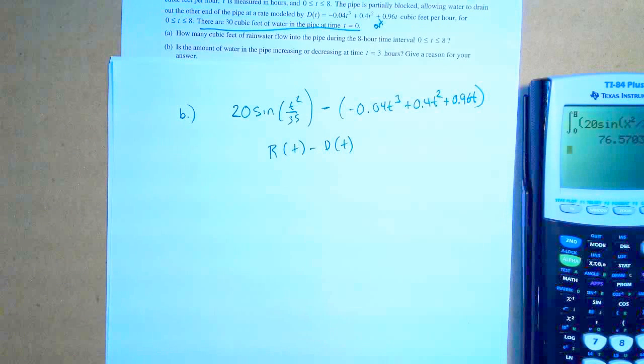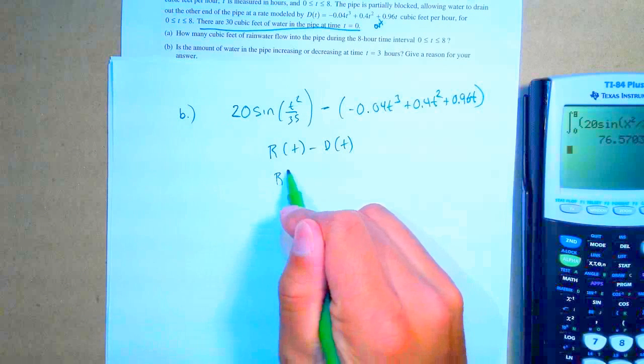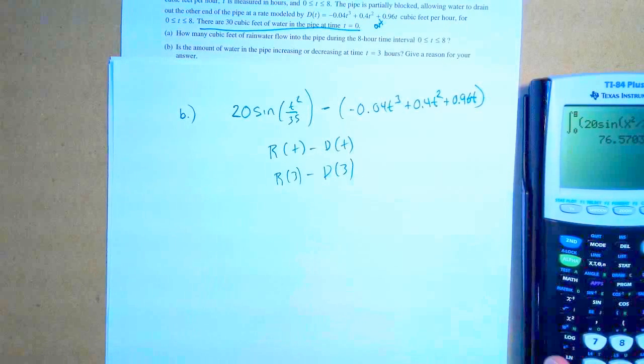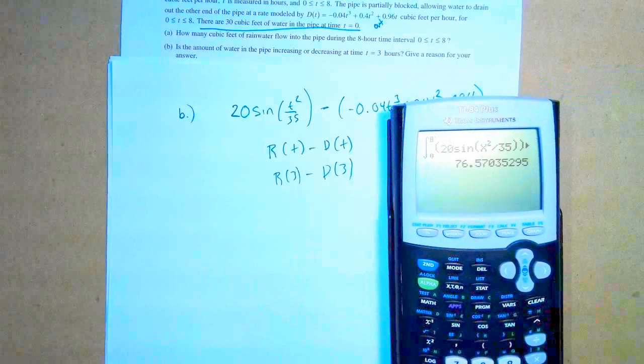So what we're going to do is figure out the values at 3 for R of t and the values at 3 for d. And that means we're going to plug this in.